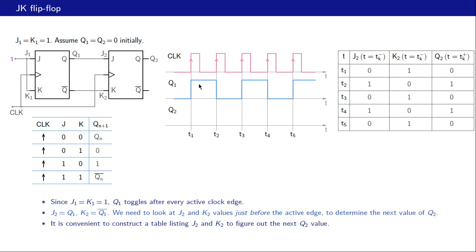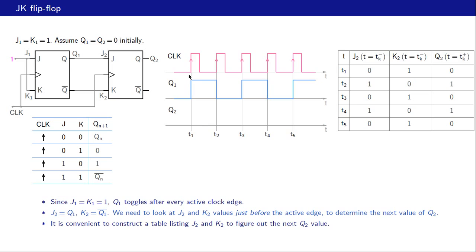T1 refers to this active edge here, T2 refers to this active edge, and so on. These are J2 and K2 values at Tk minus. For example, in this row, this value refers to J2 at T equal to T1 minus. What is T1 minus? This is T1. T1 minus is the time just before that edge.